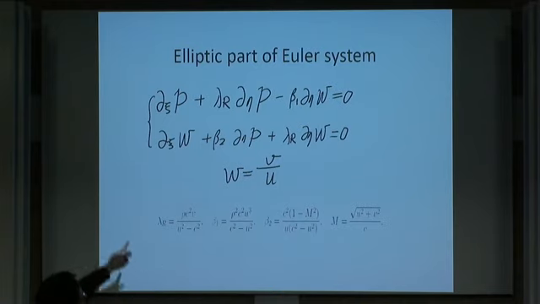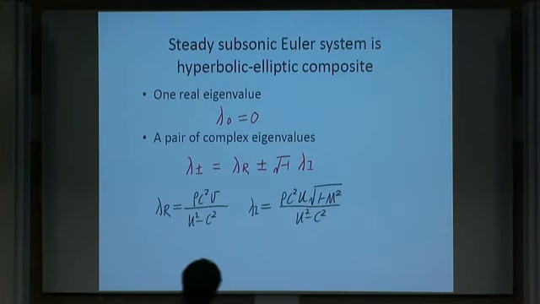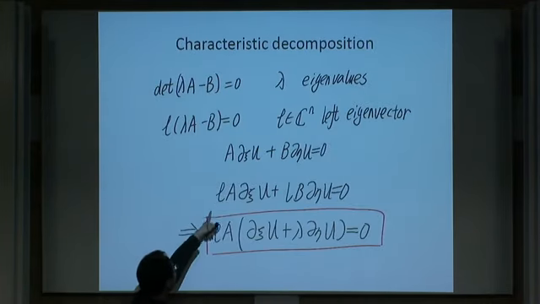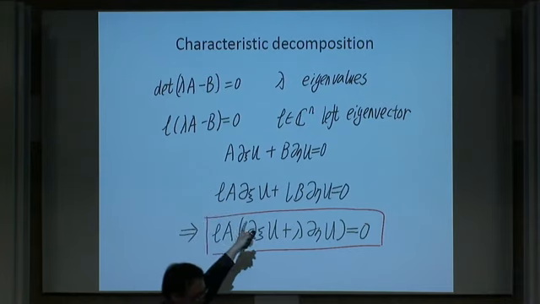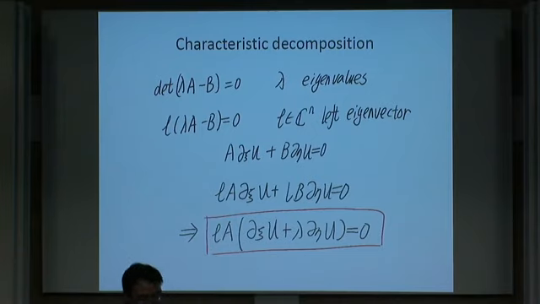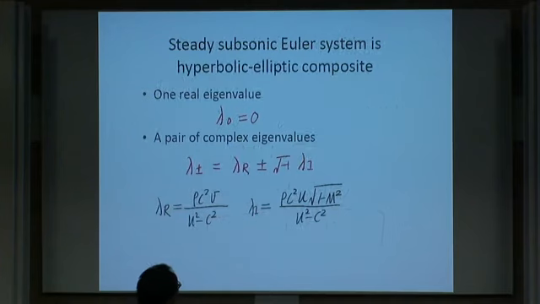Now how to get this? Here, let lambda be the imaginary eigenvalue, and L the associated left eigenvector. We just do direct computations, and then we get this.